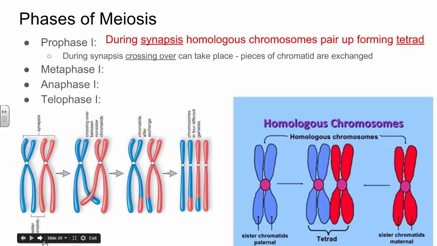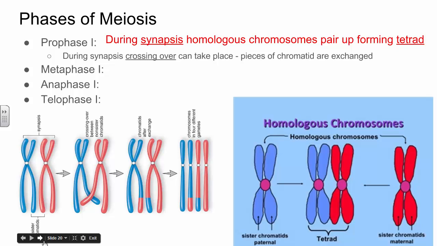Okay, we have our synapsis, we have our two homologous chromosomes lined up next to each other. But sometimes they can cross and exchange pieces of the chromosome. So here, this blue chromosome and this red homologous chromosome kind of swapped, and a piece of one chromosome can be transferred onto the other.